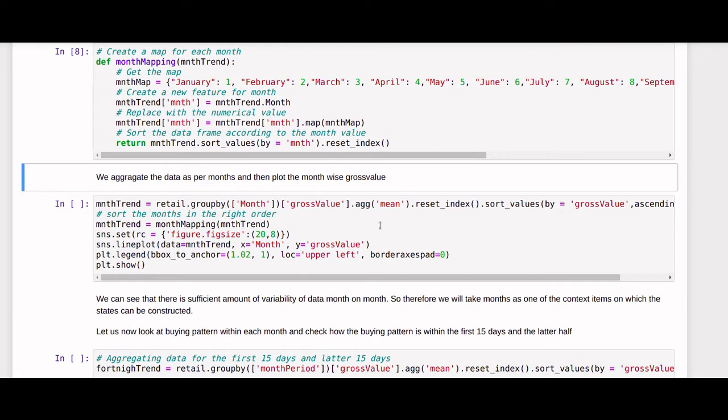What we'll do now, in the next code, is start plotting our data set.